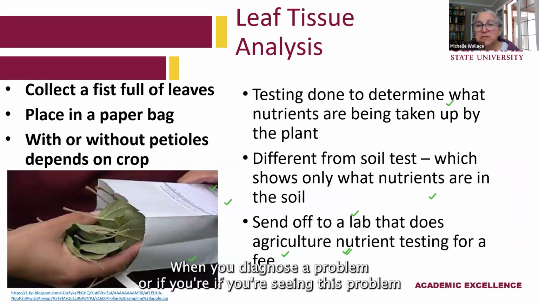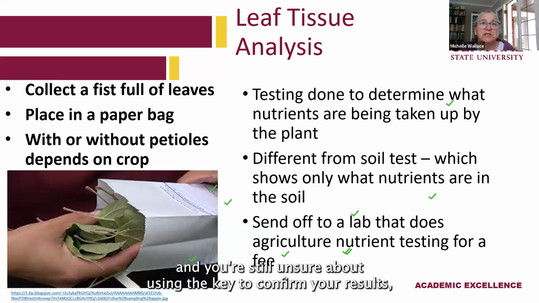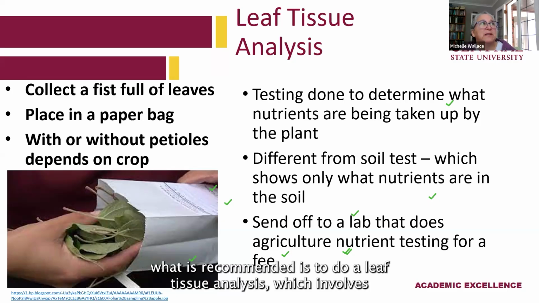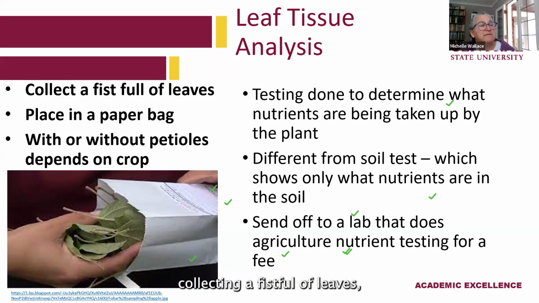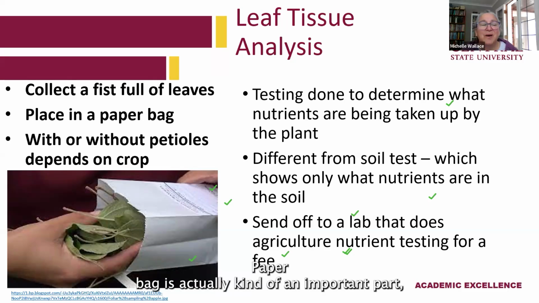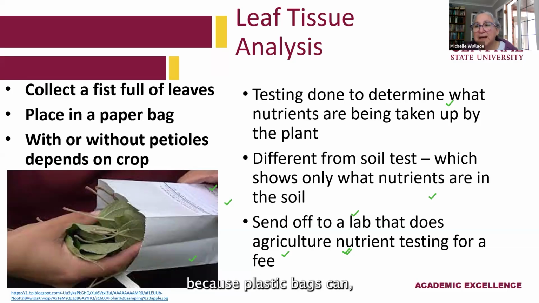When you diagnose a problem, or if you're seeing this problem and you're still unsure about using the key to confirm your results, what is recommended is to do a leaf tissue analysis, which involves collecting a fistful of leaves, placing them in a paper bag. Paper bag is actually an important part because plastic bags can impact the quality of the sample.